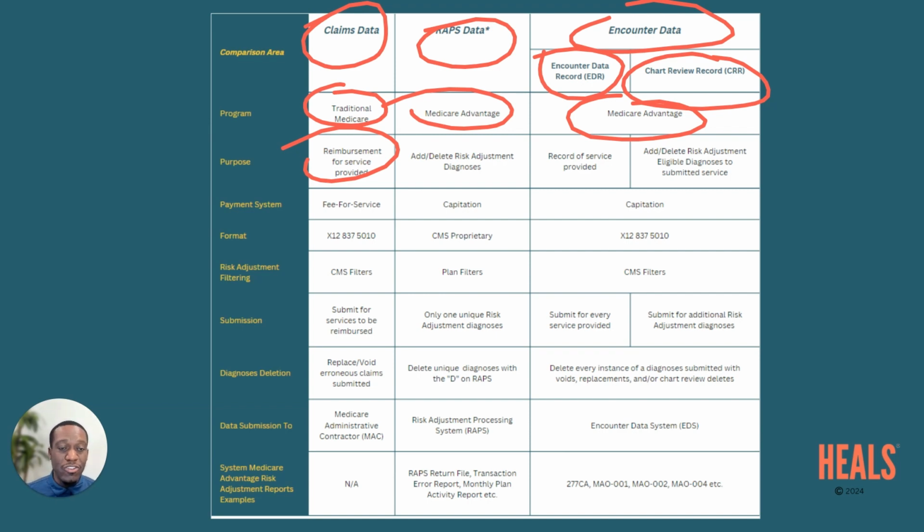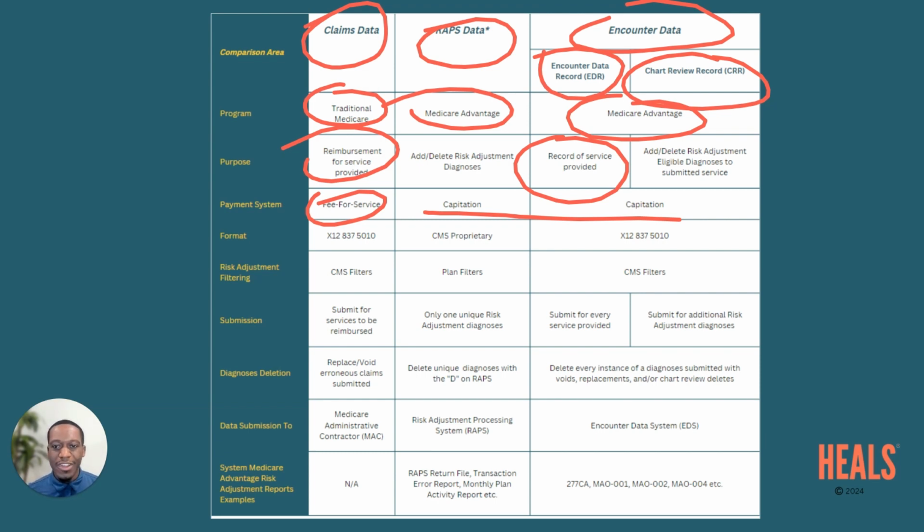For encounter data, the encounter data records are for reporting services, and chart review records are for adding and deleting risk adjustment eligible diagnoses. So although they all pertain to MA, they are coming in in different ways. The payment system for claims data is fee-for-service. For RAPS and encounter data, the MAs are paid on capitation.